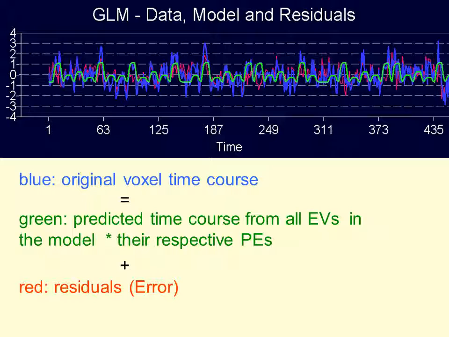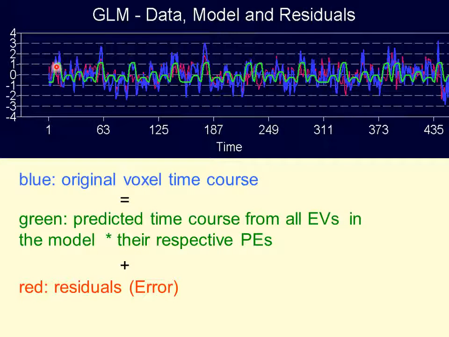Now in green we've got the predicted time course for all the explanatory variables in the model, created by multiplying the values of those explanatory variables in the design matrix by the parameter estimates that were estimated through the first level model fitting procedure. So you can see how generally the model is quite good.